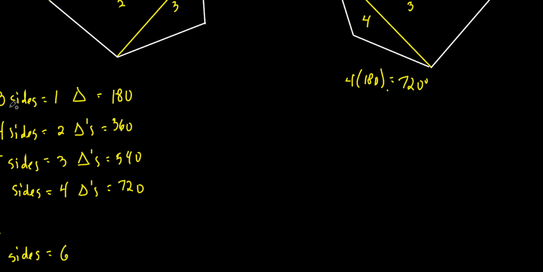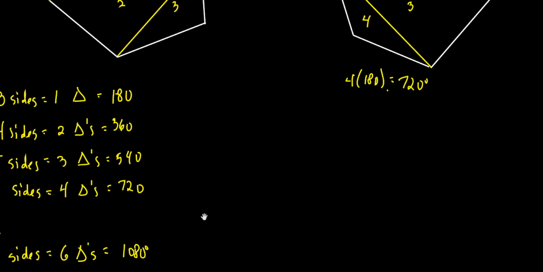What am I doing to the number of sides and the number of triangles? I'm subtracting 2 from the number of sides. Everybody see that? So 3 minus 2, 4 minus 2, 5 minus 2, 6 minus 2, 8 minus 2, which is 6 triangles. I should know this off the top of my head. 1080, is that right? Yeah.